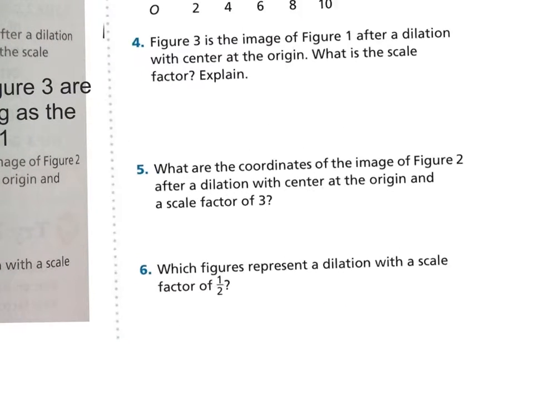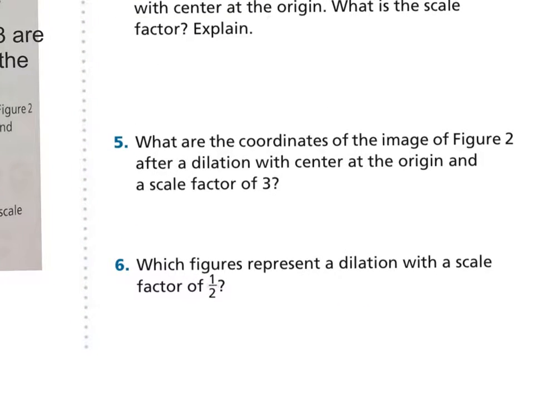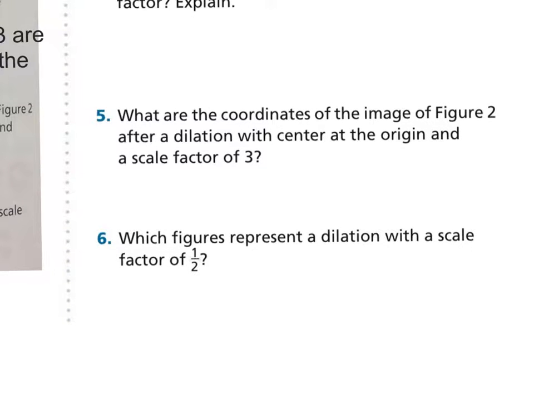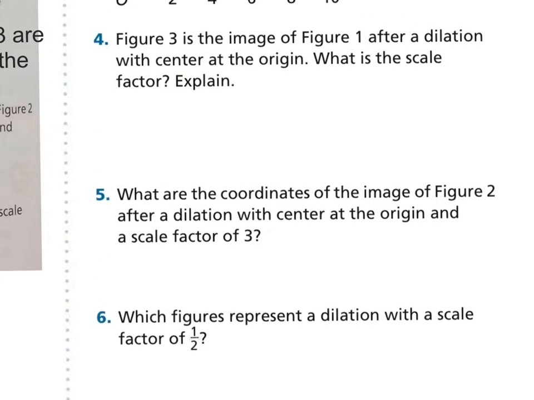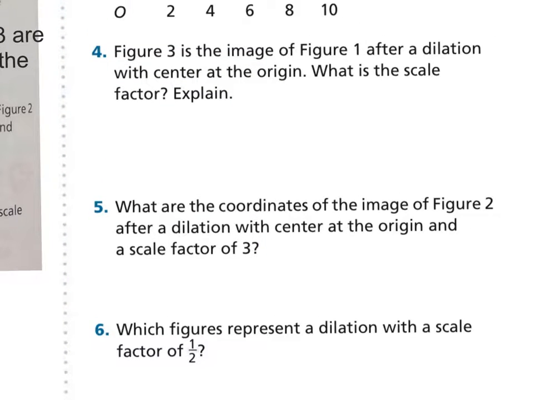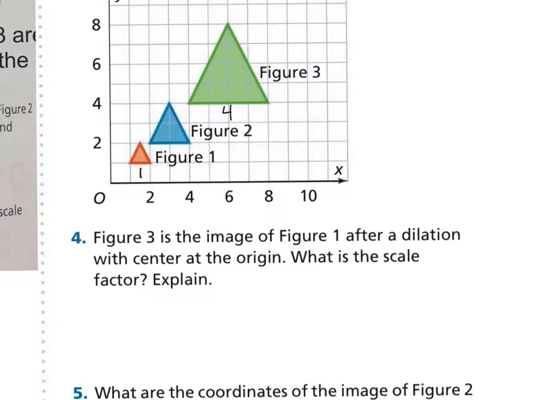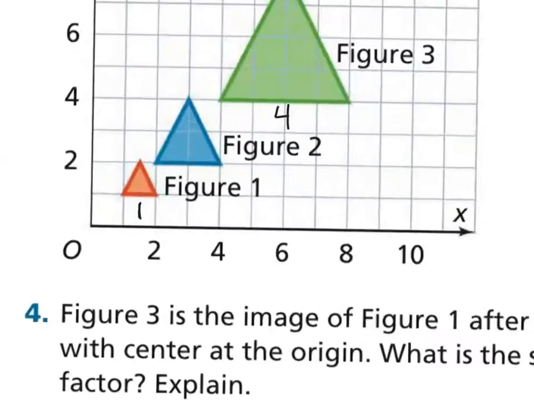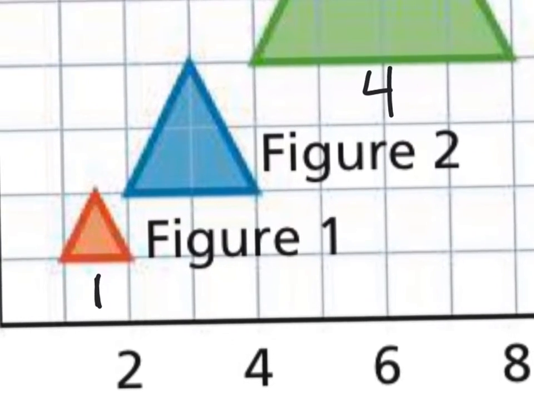Look at number 5. What are the coordinates of figure 2 after dilation with center at the origin and scale factor of 3? So make sure you're looking at the correct figure here. Figure 2 is the blue one.